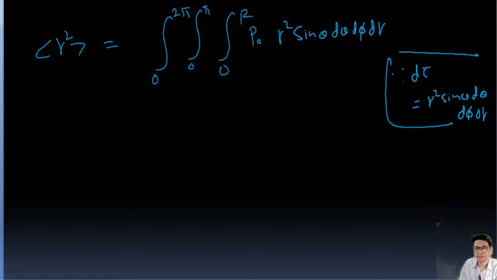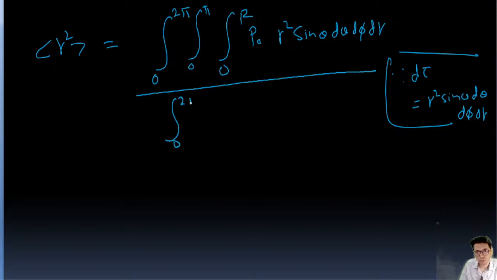Right? So now to find the value, this is going to be r square equal to, this value we will put it, upon 0 to 2 pi, 0 to pi spherical coordinates, guys.